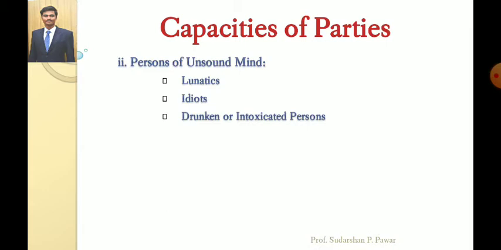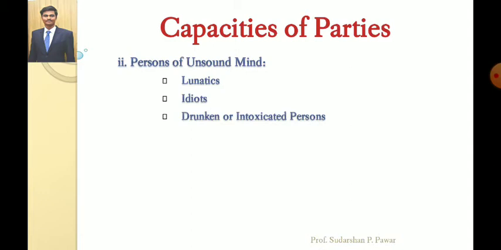According to Section 12 of the Indian Contract Act 1872, a person is said to be of sound mind for the purpose of making a contract if, at the time when he makes it, he is capable of understanding it and of forming a rational judgment as to its effect upon his interests.